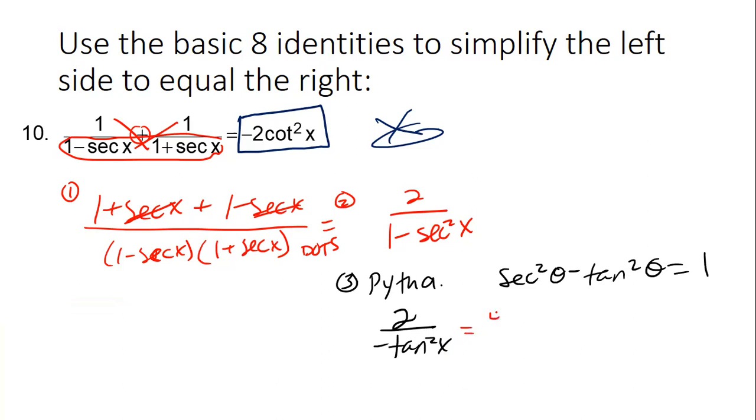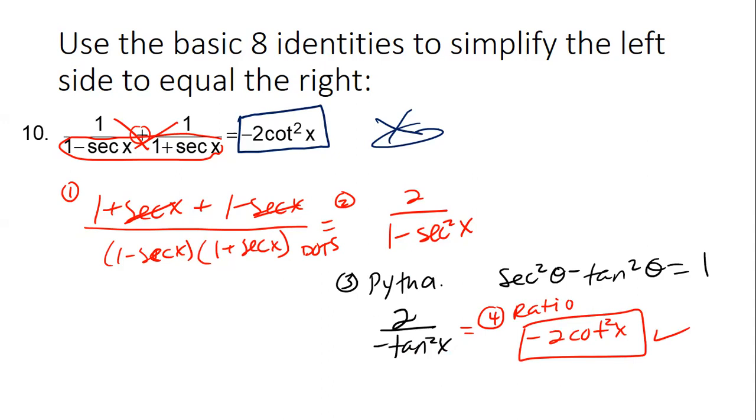And then step 4, I'm going to use the ratio because 1 over tan is what? Cotangent x. And that is how I go from there to there. So I combine the 2 fractions. Then I use difference of 2 squares to condense the denominator.